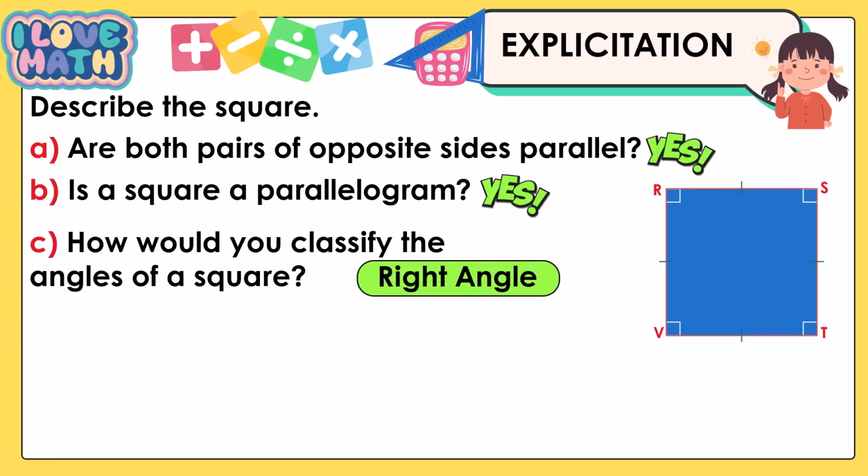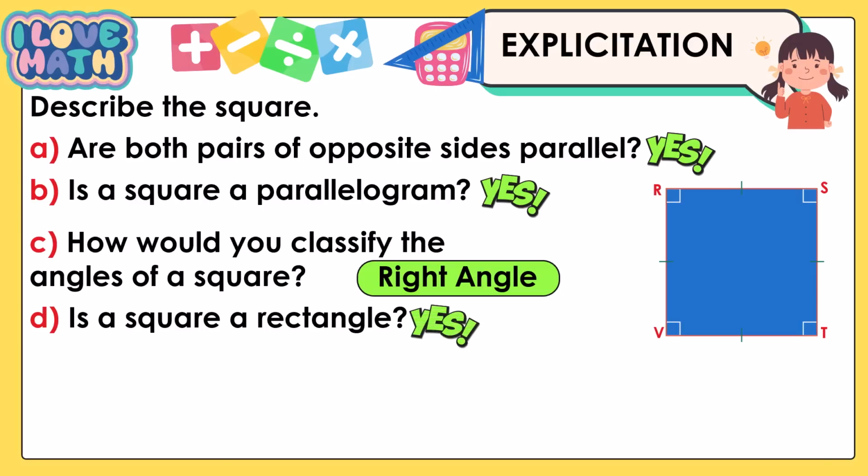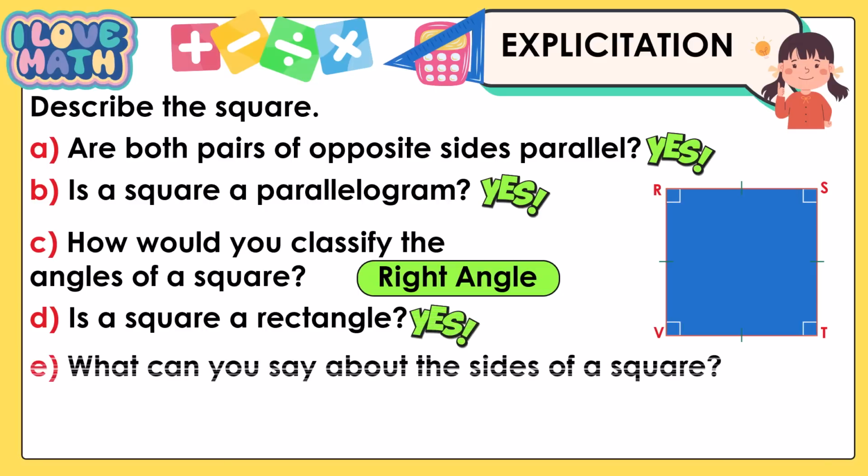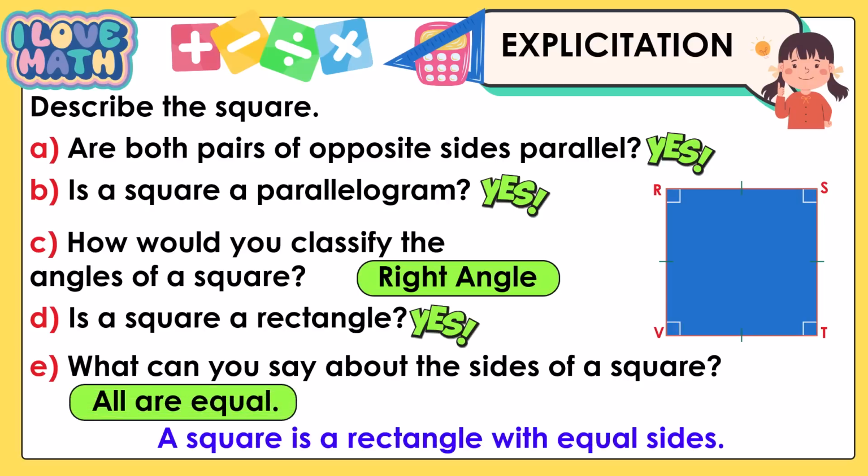The answer is right angle. D. Is a square a rectangle? The answer is yes. E. What can you say about the sides of a square? The answer is all are equal. A square is a rectangle with equal sides.